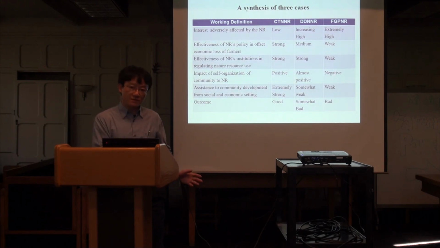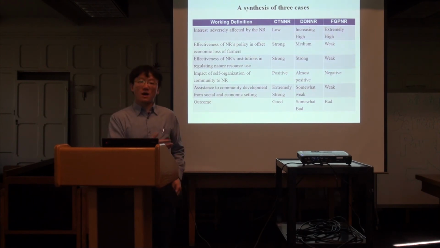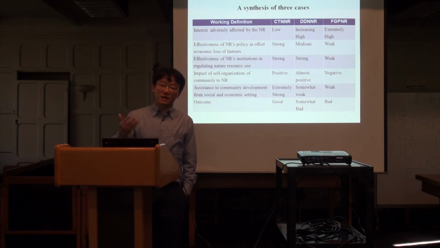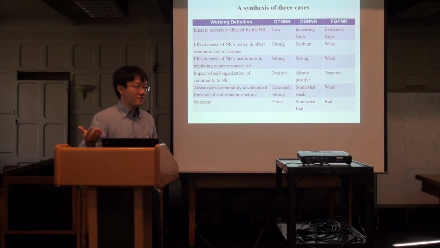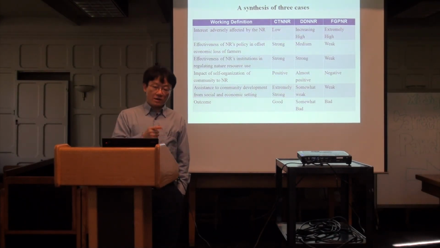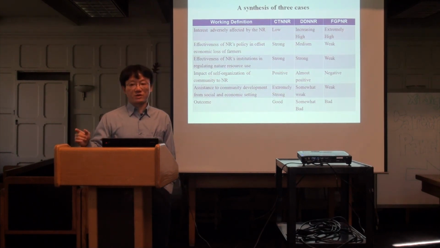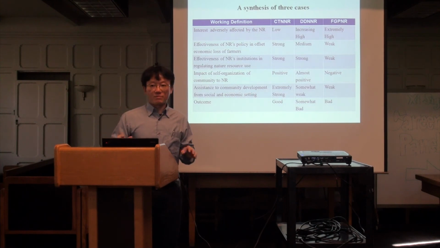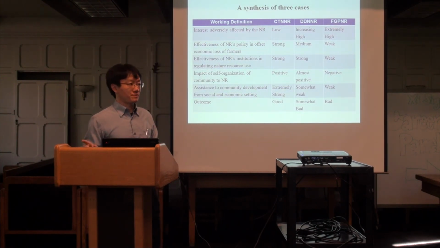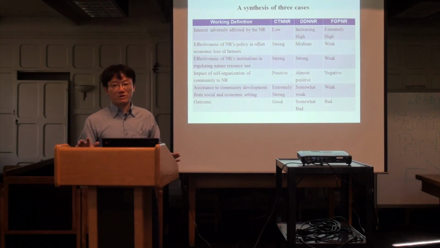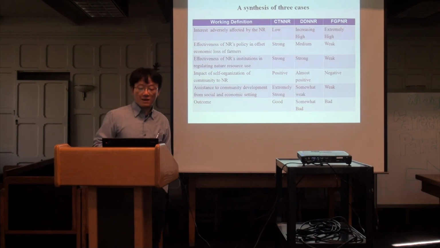That means for the first one, the local community is well organized, so they can respond to the effects of the nature reserve in a very positive direction. That's what we call win-win. But for the third one, it's lose-lose, a negative response.